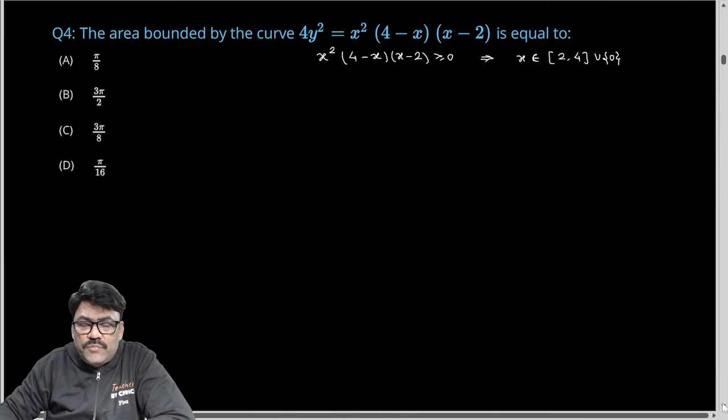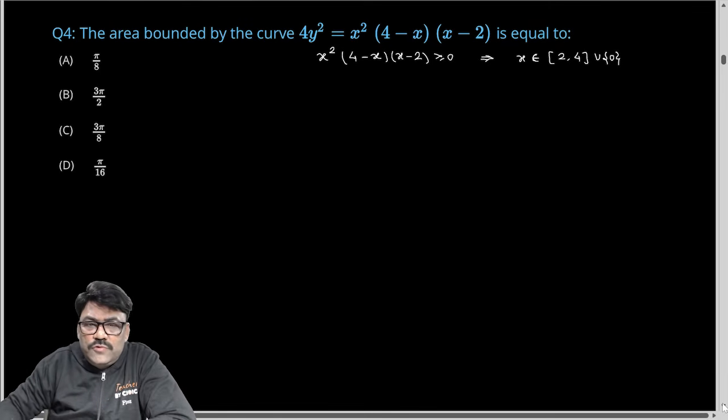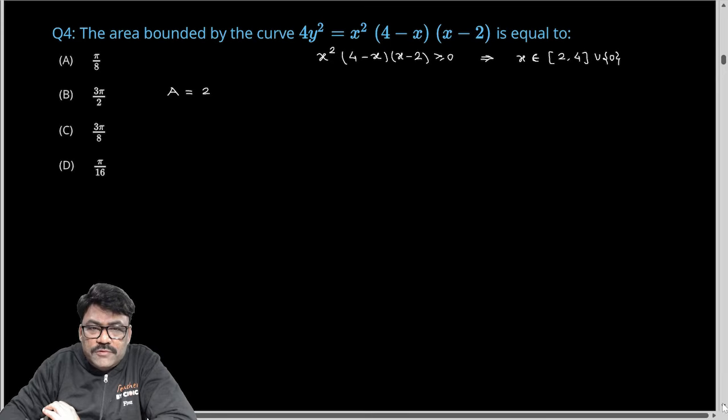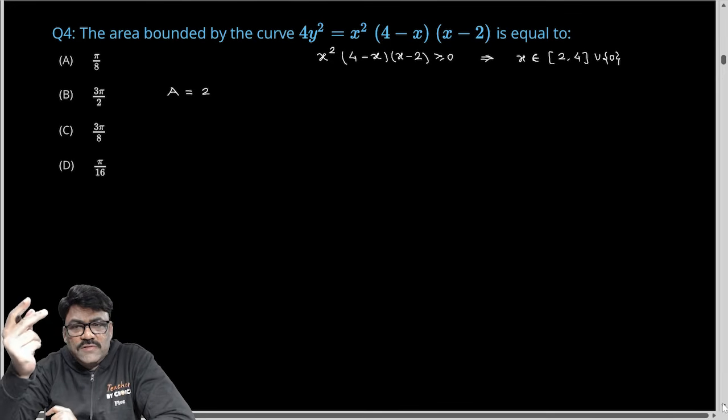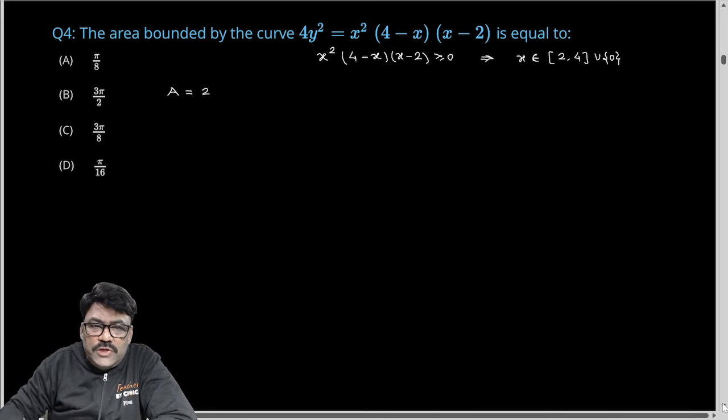So the required area is 2 times, because I'm finding the area above the x-axis and doubling it. So area will be 2 times the integral from 2 to 4 of y dx.